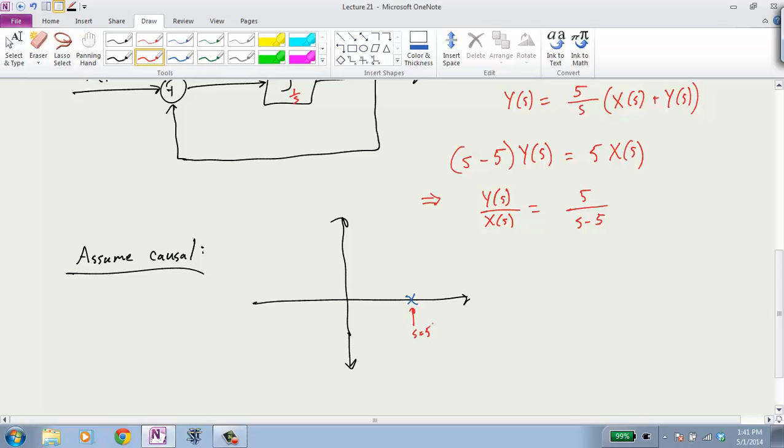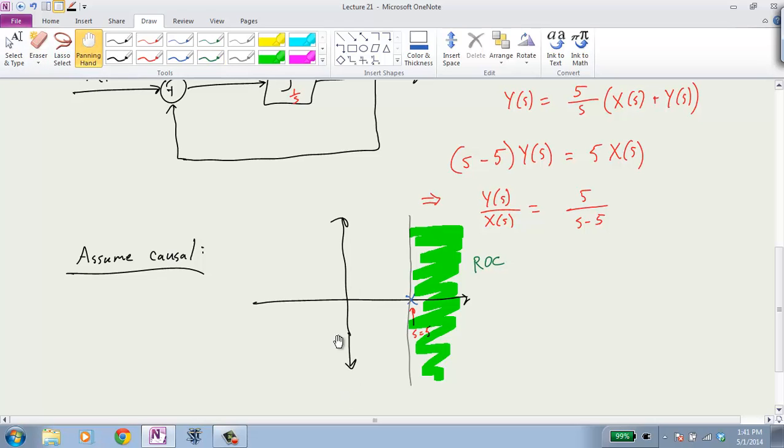So the region of convergence, being causal, has to be to the right of this. Here's the region of convergence. And it is not stable because it does not contain the imaginary axis. Okay, so this is an unstable system.